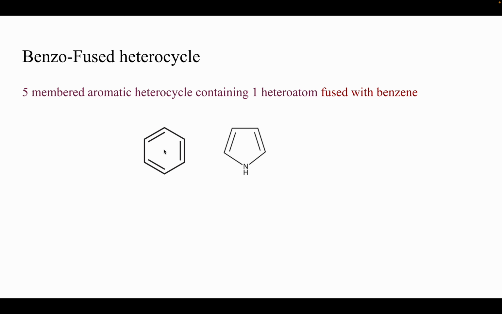So benzene plus pyrrole: the b face of pyrrole is fused with benzene, giving a structure called indole. We have just seen electrophilic substitution in pyrrole, and now we will see how the fusion of benzene affects the reaction. So we are going to learn the reactions of indole.